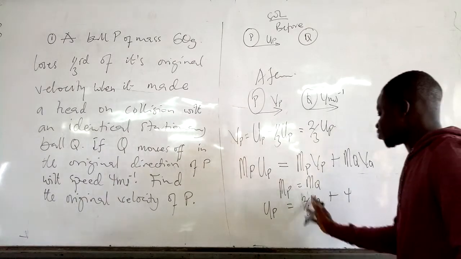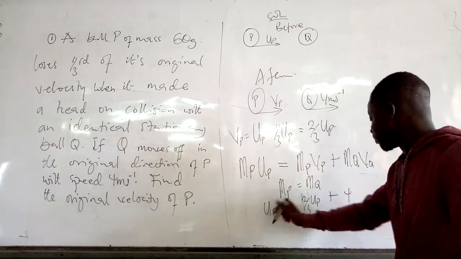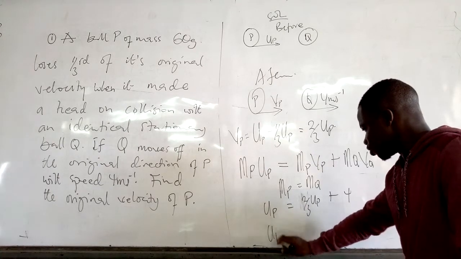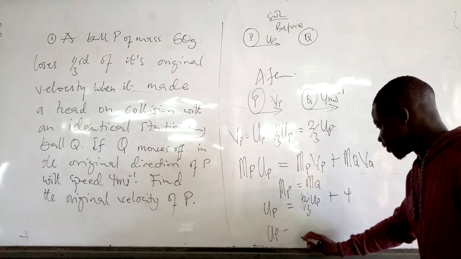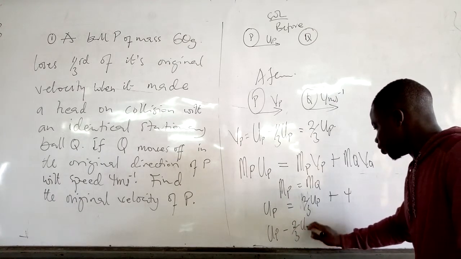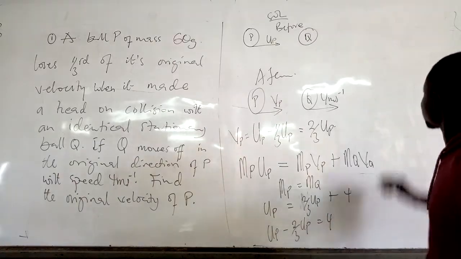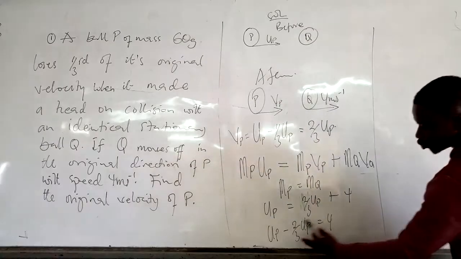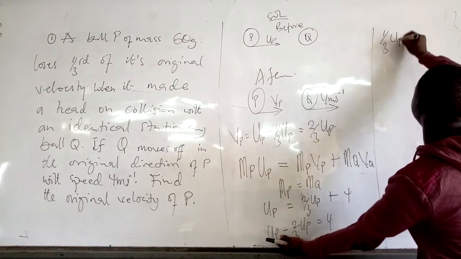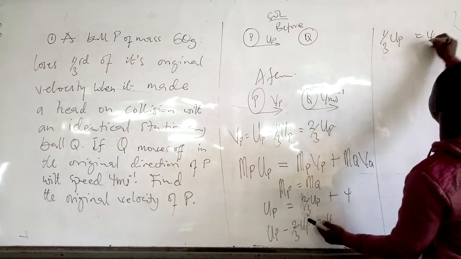Now, we take this one across the equals sign and subtract. That will give us UP minus 2/3 UP is equal to 4. So when we subtract, that will give us 1/3 UP is equal to 4.